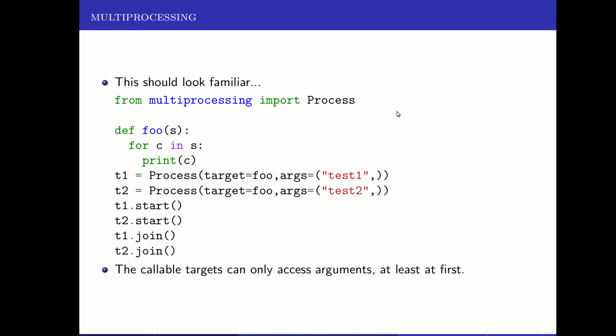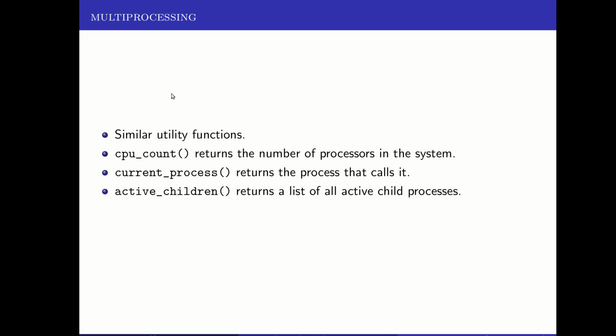Unless I pass some data to them, they will have their own memory space and no access to any global variables or things like that. It has similar utility functions, being able to count the number of processes that are running in the system, get the current process that is executing when we run that function, and get the list of all active child processes from the main process that your program is running in.